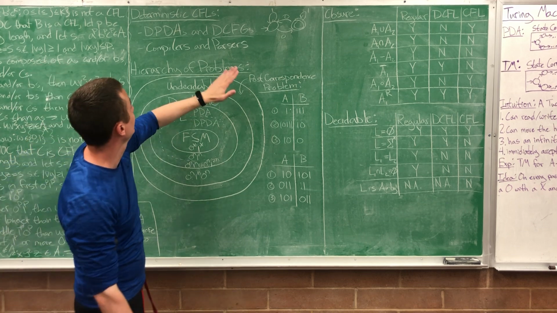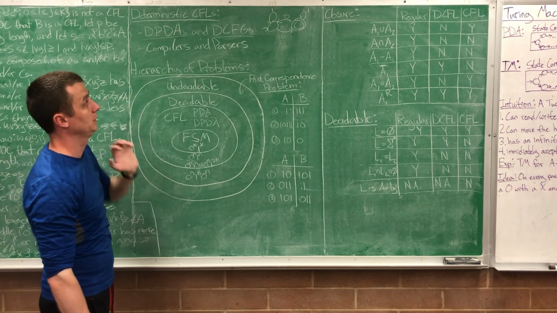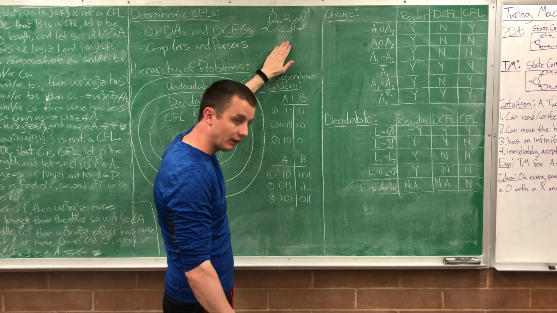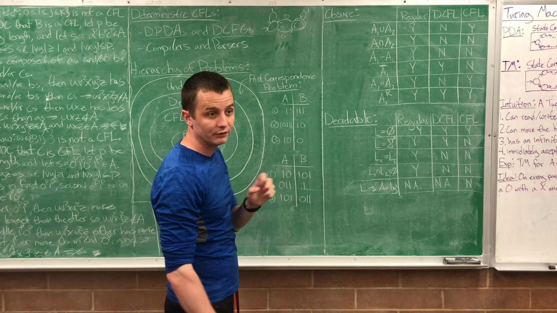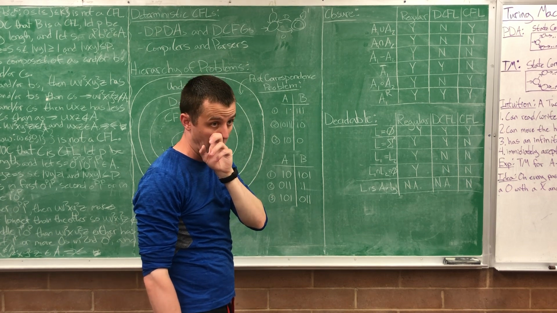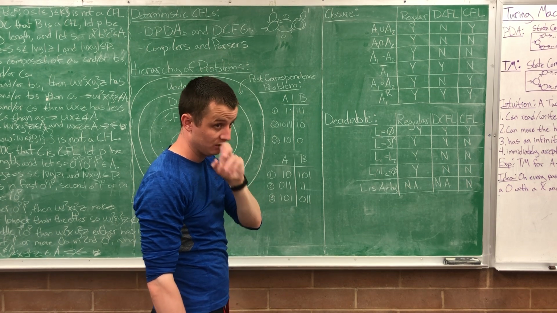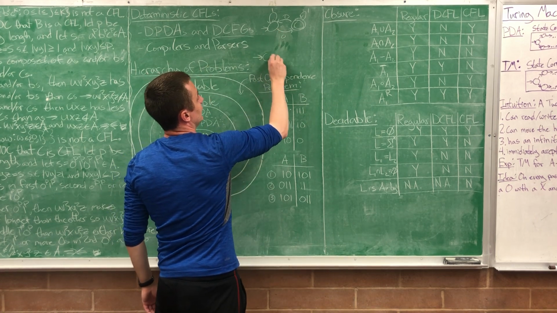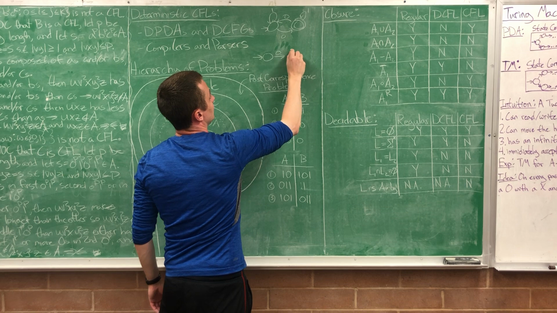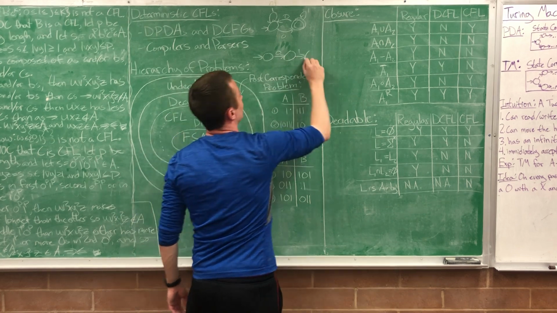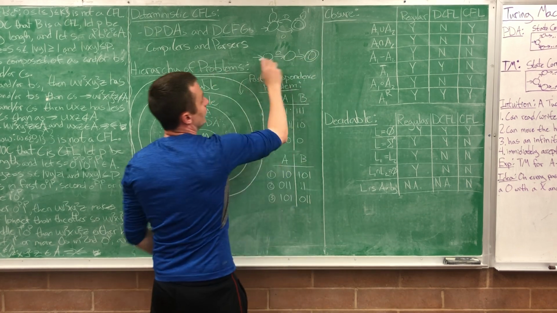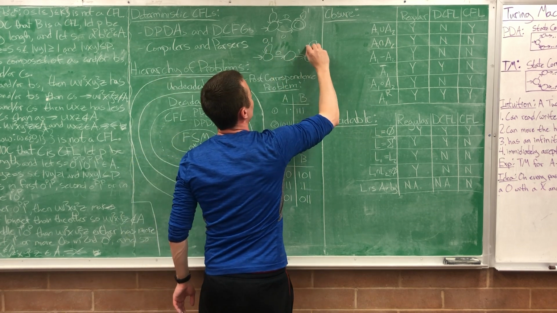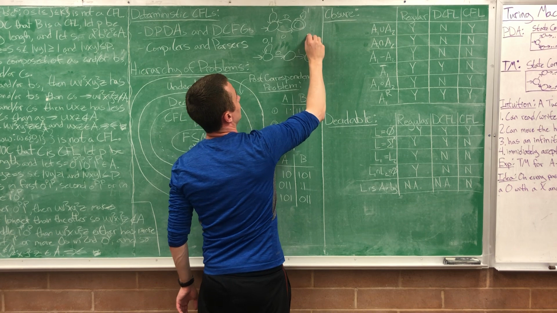A deterministic push-down automaton would be where your finite state machine is a deterministic finite state machine, but you also give it access to a stack. We also have the notion of an NFA. That would be something like this. This is a machine that accepts any strings that contain the substring 0, 1.